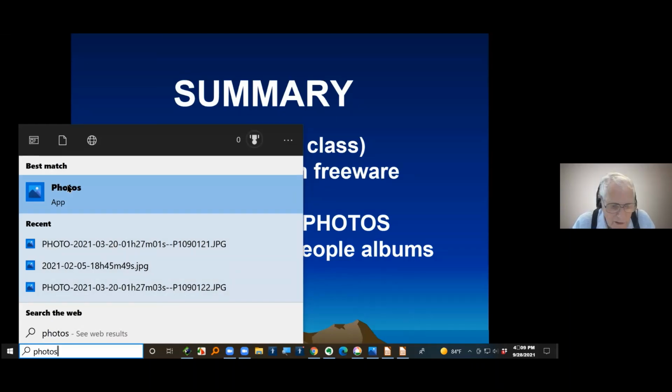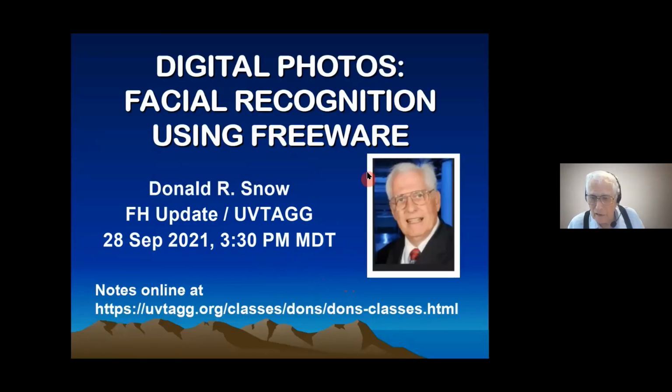Just go down to that bottom thing and type the word photos, and it comes up with anything that's got the word photos in it, and Photos is the name of the program. The icon looks like that mountain thing. You can see it running down here, where I'm circling with my mouse at the bottom of my screen. Anyway, I did kind of gloss over that. Any other questions that anybody had?